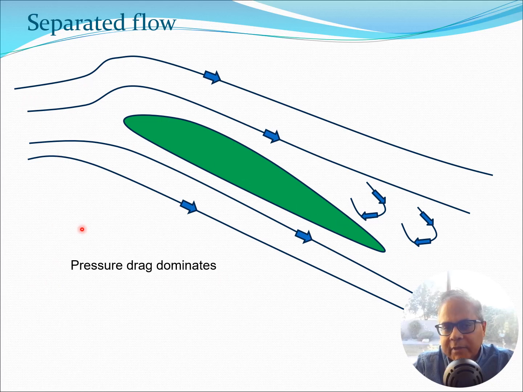So what has happened is that the flow takes place in this manner and you also get some separation which is taking place near the trailing edge region. Essentially the flow detaches at some point here at the trailing edge and then you get these complex flow patterns and you can even have a reversal of the flow situation here. This kind of flow is known as separated flow and in this kind of flow pressure drag will typically dominate.